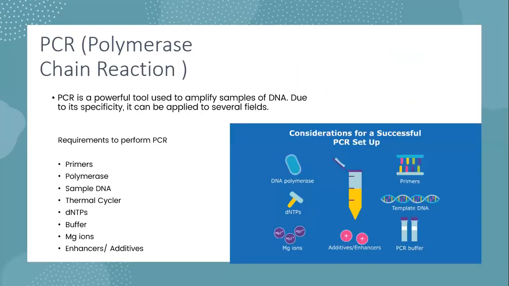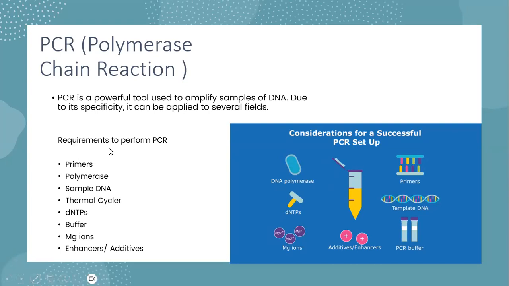PCR can be used not only for the diagnosis of diseases, it's also used in many other fields related to biology and also forensics as well. PCR is a powerful tool used to amplify samples of DNA. Due to its specificity, it can be applied to several fields, like I was saying.